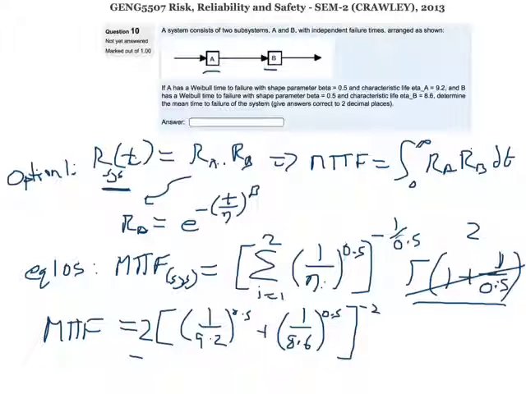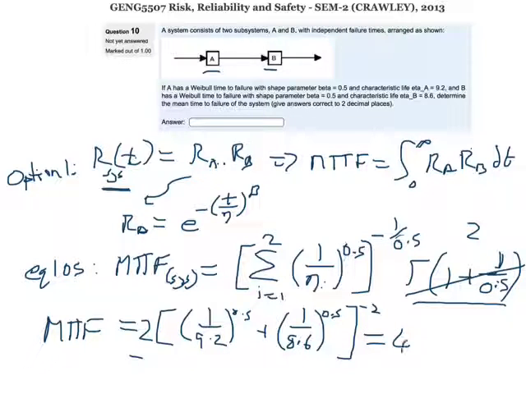There's the 2 there. So all you have to do is plug that into a calculator. So we're going to get square root of, open bracket, 1 divided by 9.2, plus square root of 1 divided by 8.6. Raise that whole thing to the minus 2, times 2, and that's going to give us 4.45.